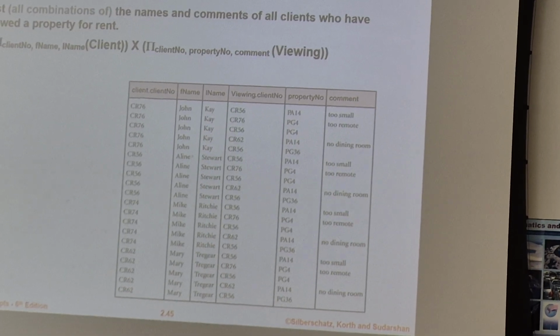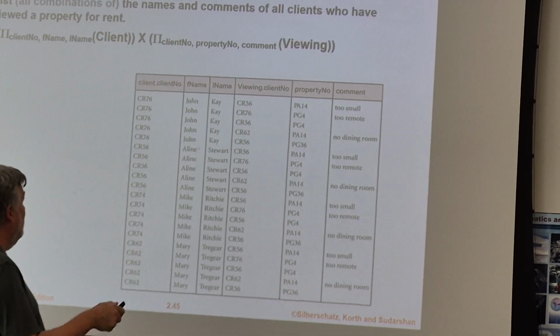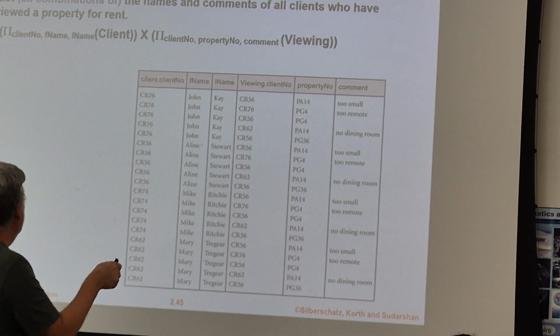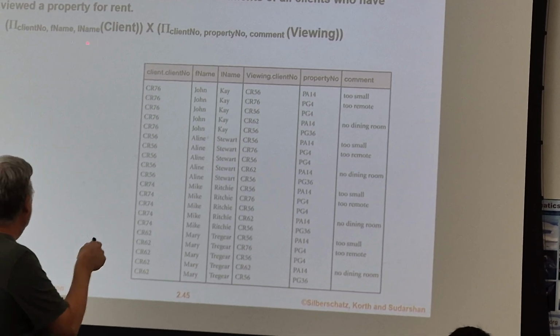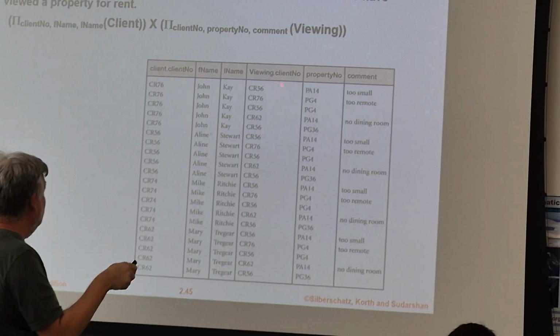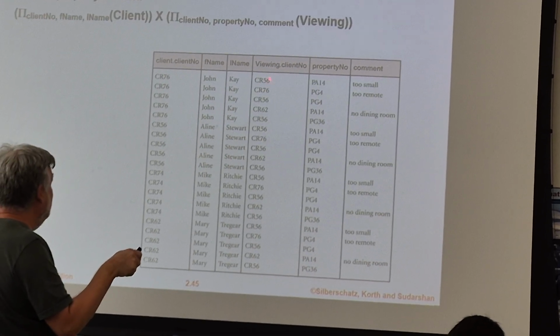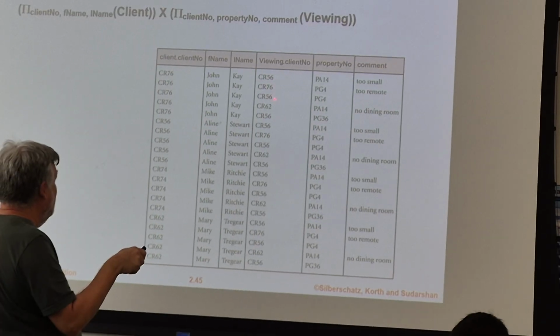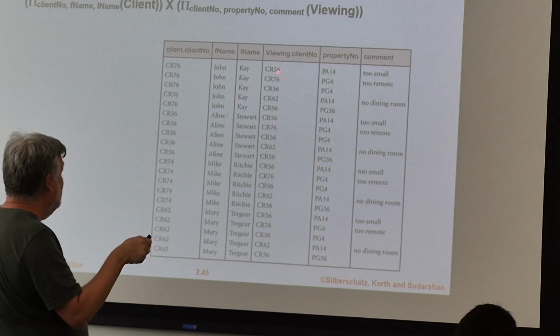Anyway, clearly these 3 columns came from the viewing table, and these 3 columns came from the client table. And every row in the client table was eventually joined to every row in the viewing table. Oh, because CR 56 saw several properties. That's why he's in there several times.